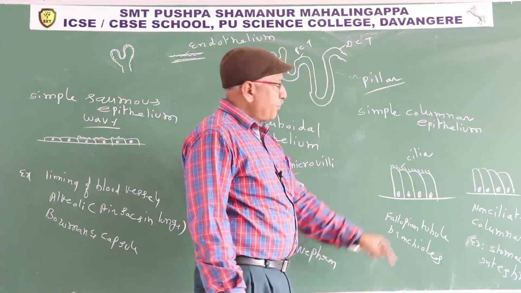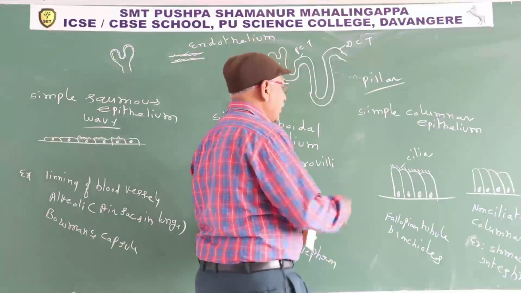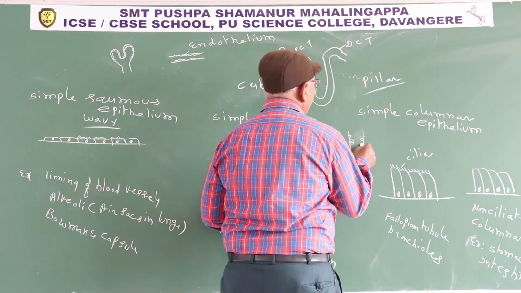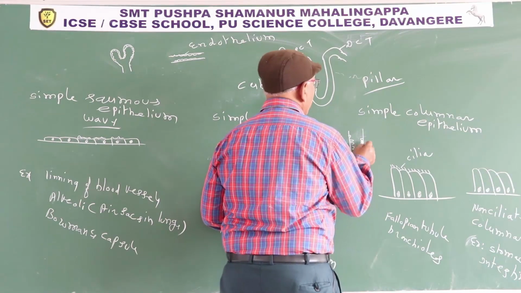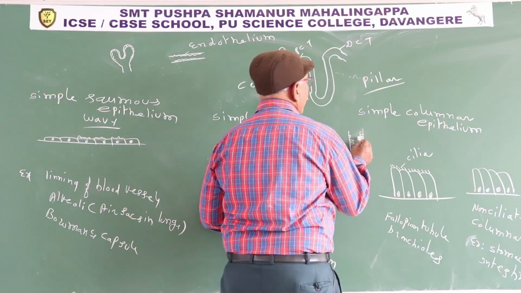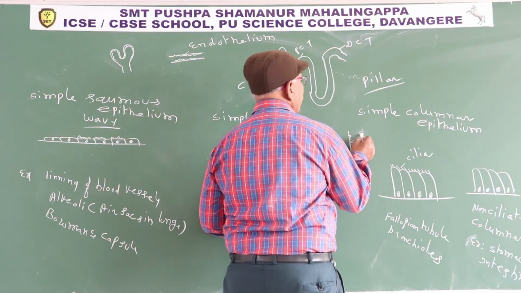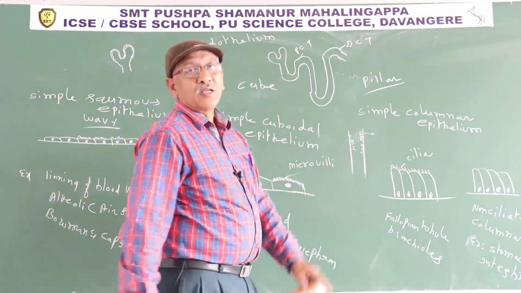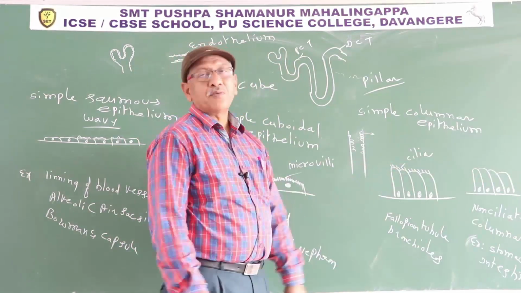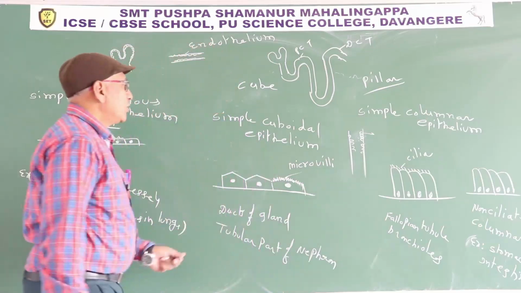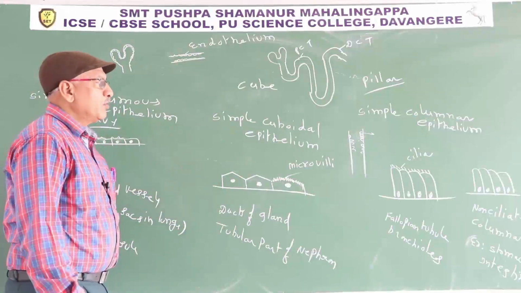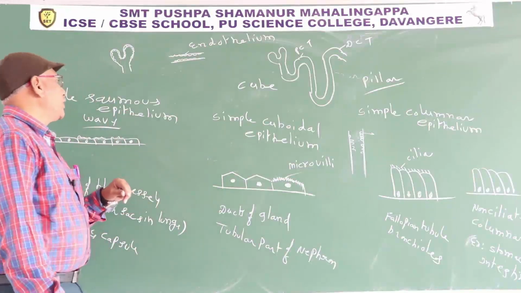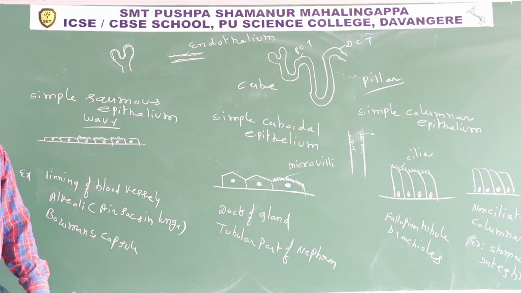For example, it is a duct lined by columnar epithelium. The secretion from the columnar epithelial cells entering into surrounding tissue is absorption. So, function of simple cuboidal and simple columnar, absorption and secretion. Function of simple squamous epithelium, diffusion.